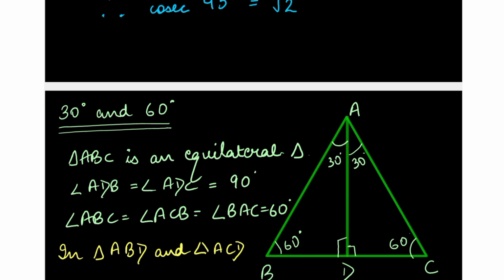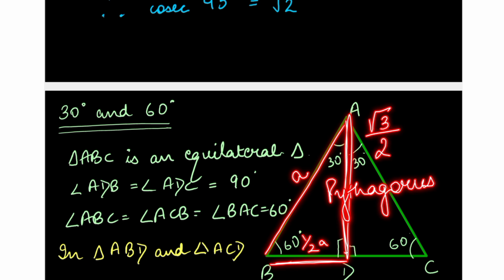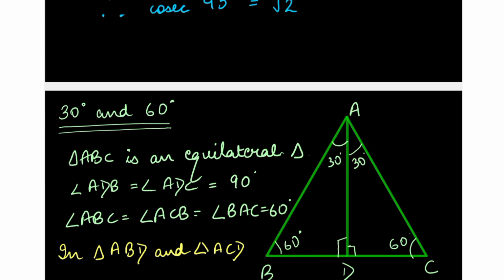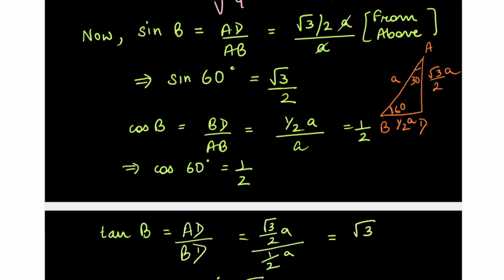When we solve, let's say this side is A, then this will come out to be half of A, and this we can find by Pythagoras theorem. What will it be? Root 3 by 2 A. Okay, so we can get the values of trigonometric ratios as we have the relation between these three sides.